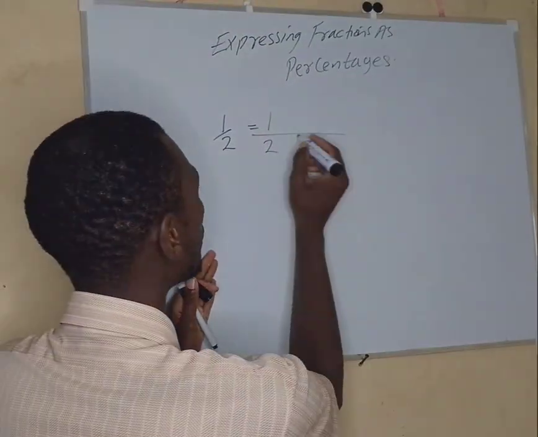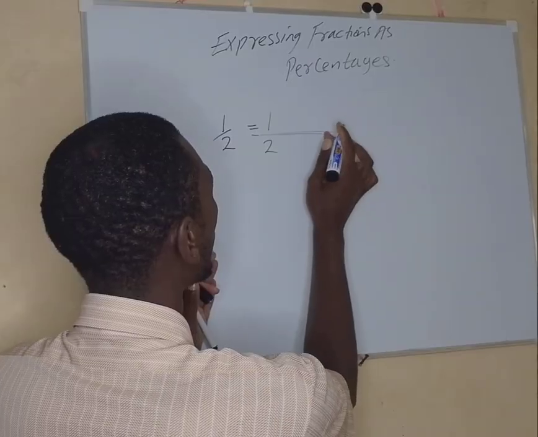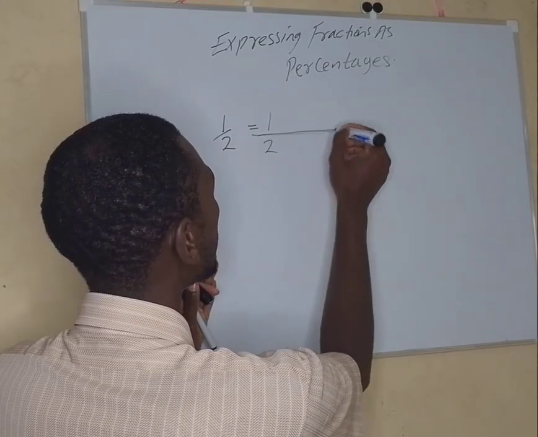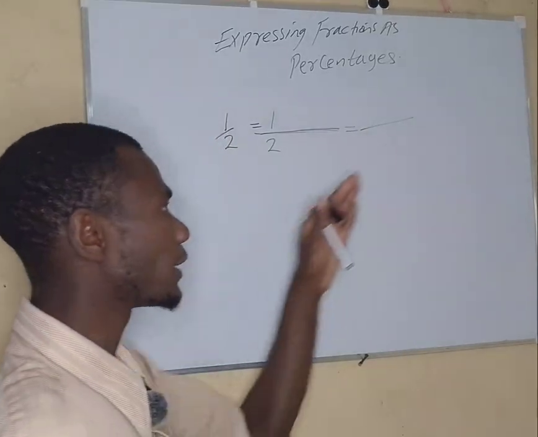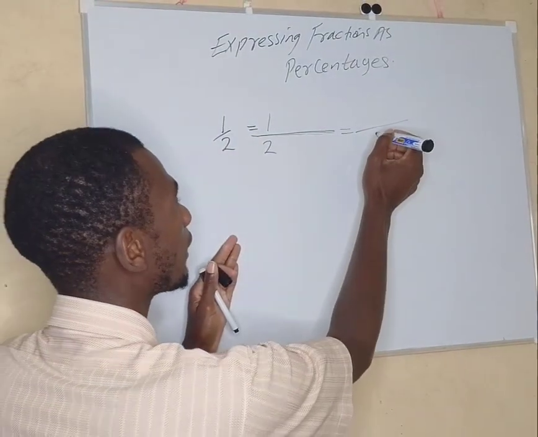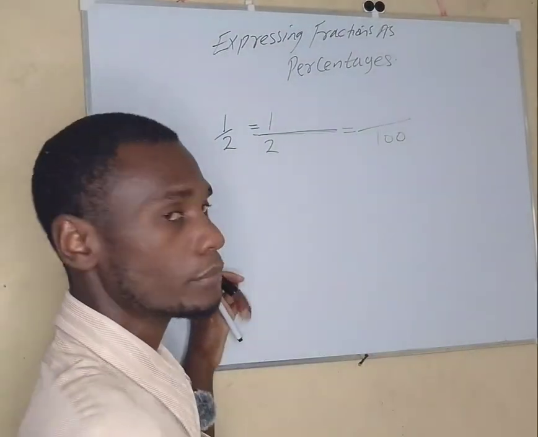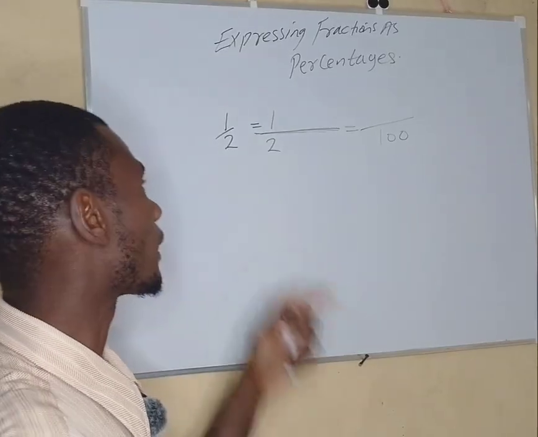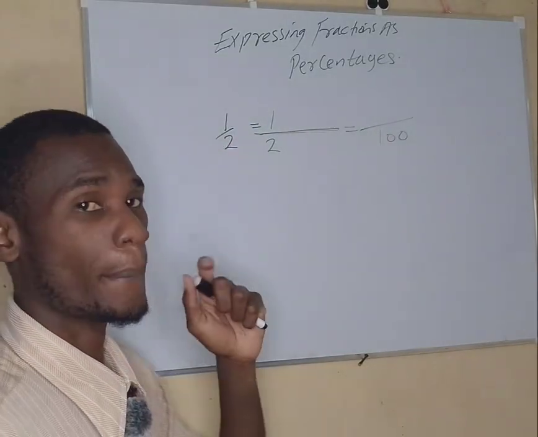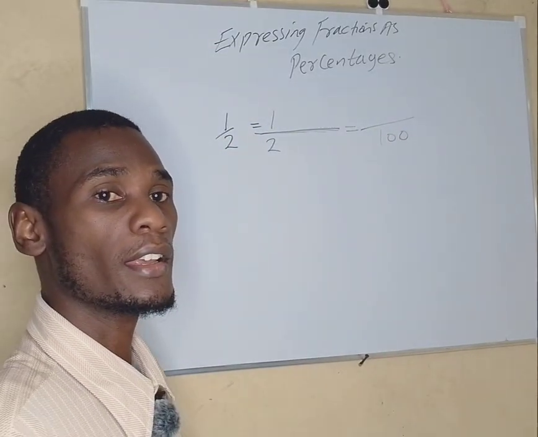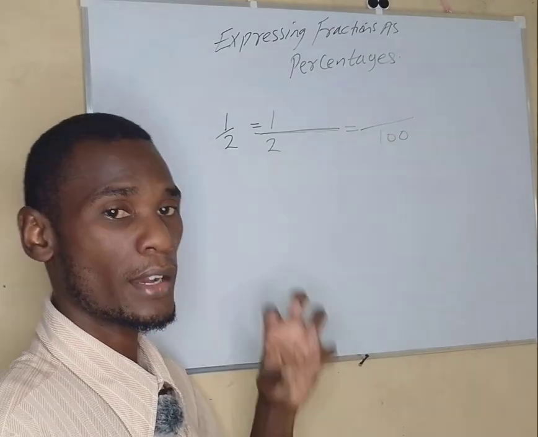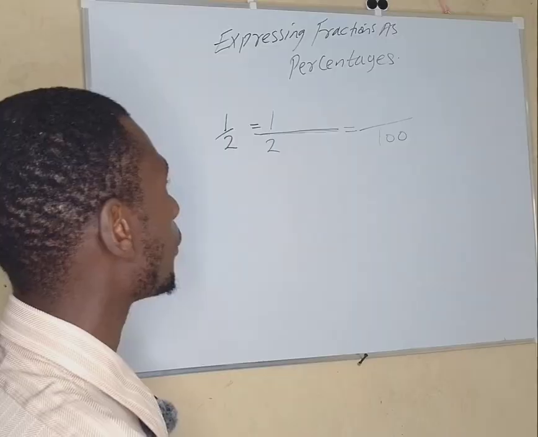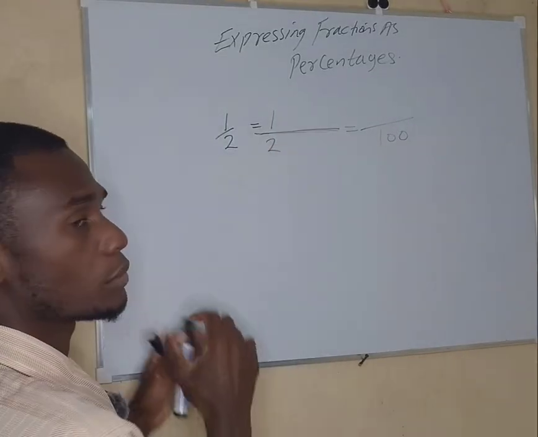But using the denominator, because we want the answer to be out of 100, we want to make this 1 over 2 a percentage, and I have said that a percentage is a number over 100.